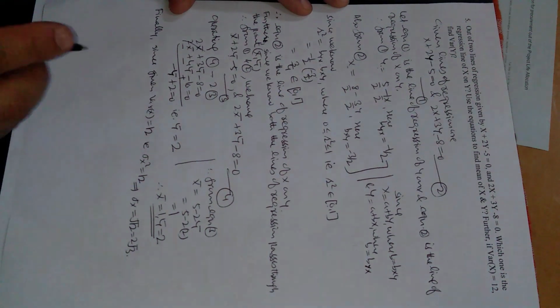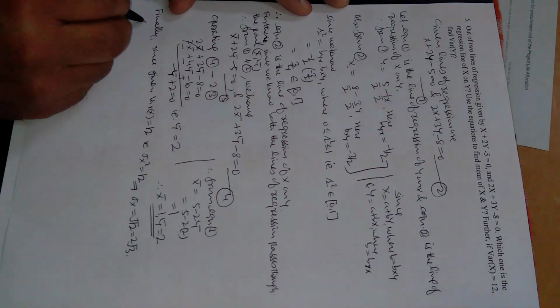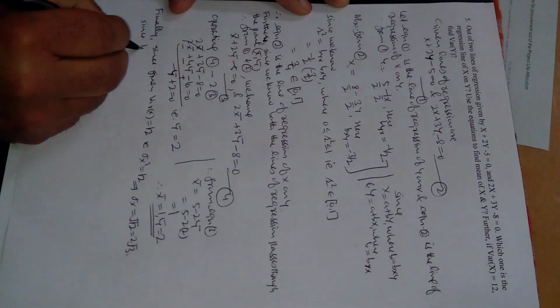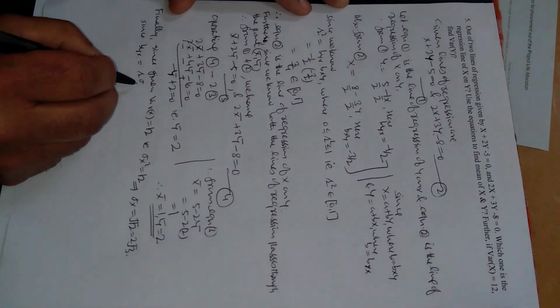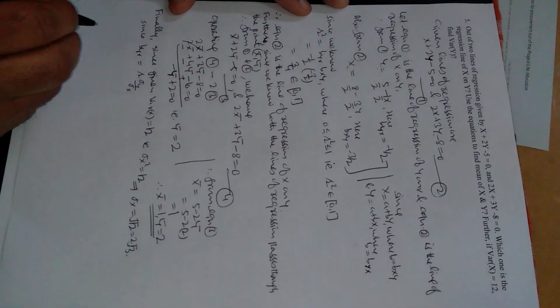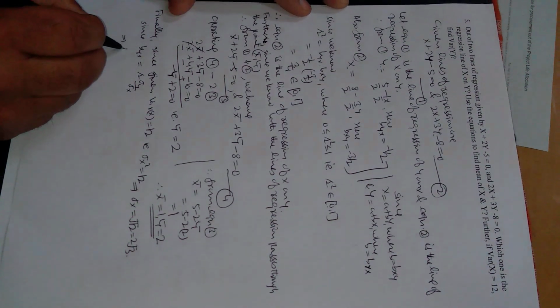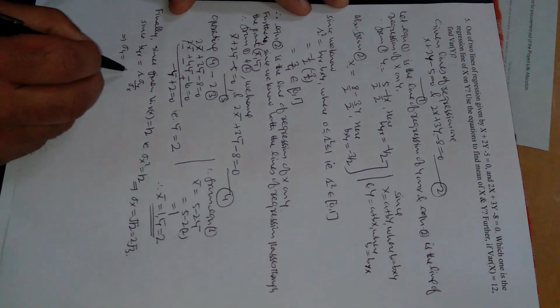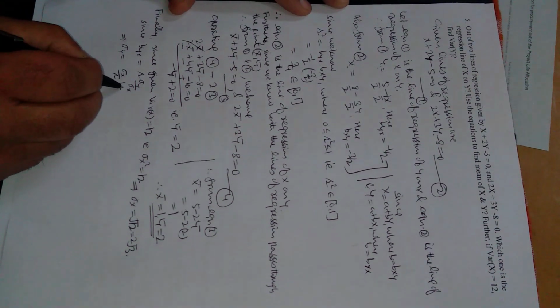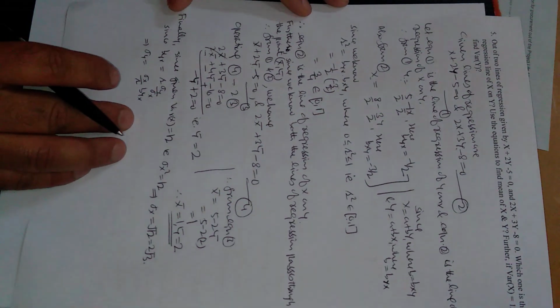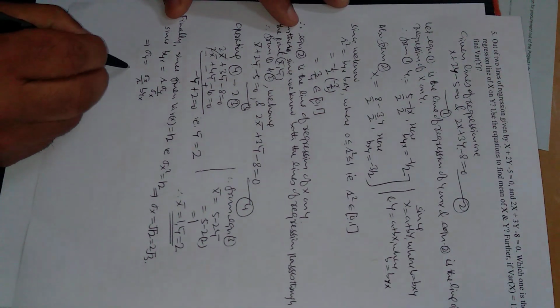Since we know this result, b y on x, the regression coefficient of y on x, is r sigma y upon sigma x. So sigma y will be sigma x upon r into b y on x. Substitute the values here.